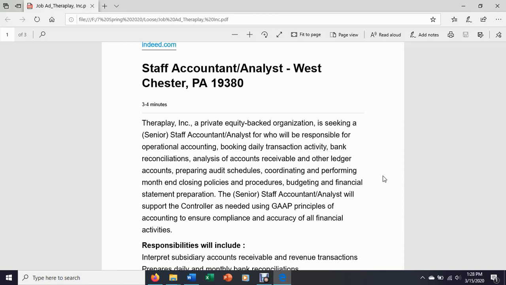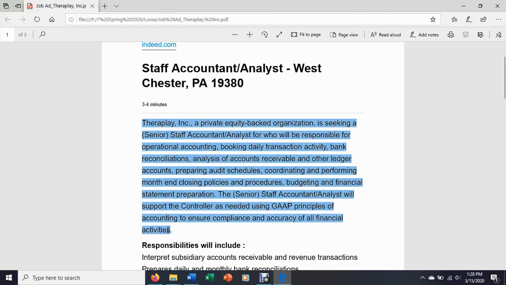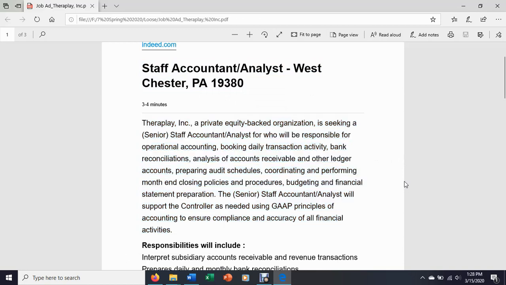So there's a couple of key components to most job ads. The title of the job obviously is one of the most important things. That's one of the first things you're going to see, and it's one of the things that is going to tell you whether this is even in the right ballpark for you to be looking at. Beyond that, the next thing you want to do is read the general job description.